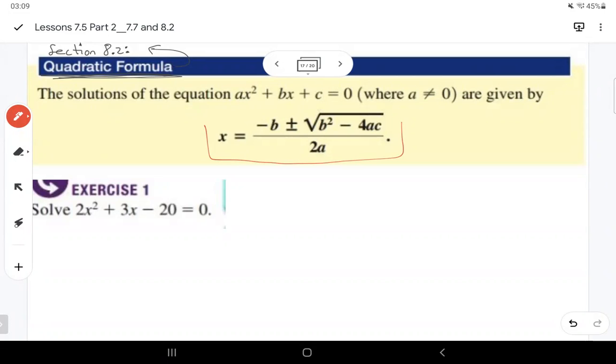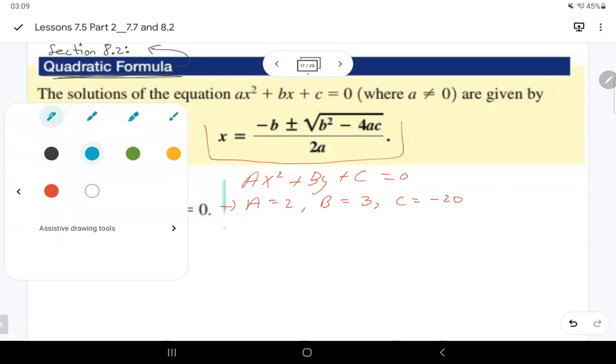We normally have a situation of ax squared plus bx plus c equals 0, or sometimes it's equal to c and you have to subtract it over. But in our case, we have a equal to 2, b equal to 3, and c equal to -20.